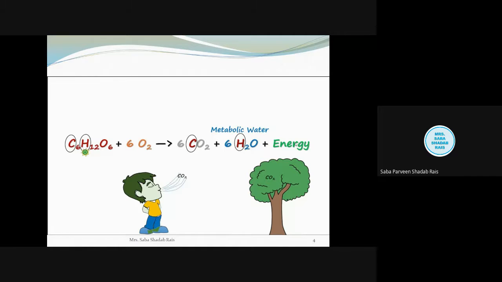Respiration is a biochemical process in which the cell of an organism is important. It is happening at the cellular level. Cells of an organism obtain energy by combining oxygen and glucose. Now, where are you getting glucose from? You are getting glucose from the food which you eat.